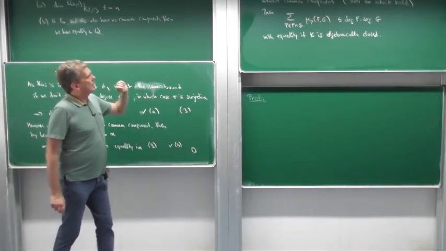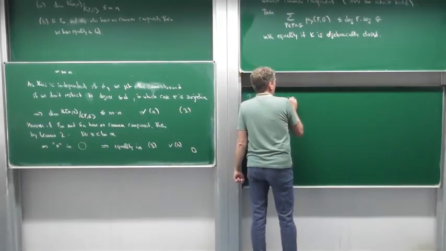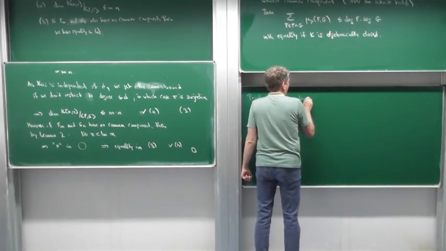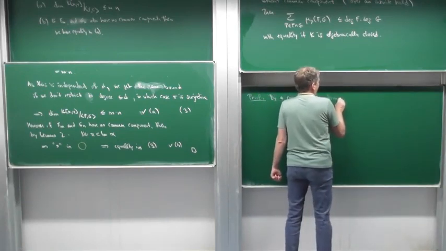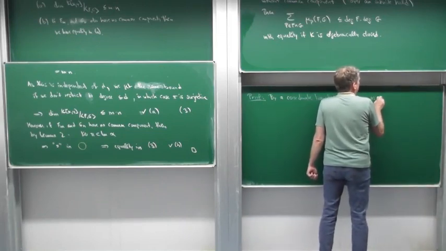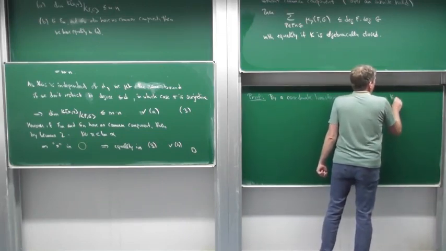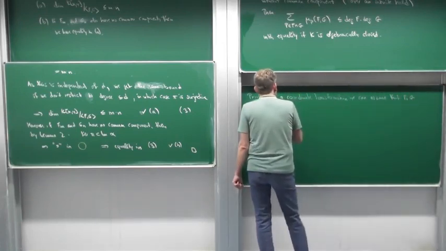So what we want to do is I say that by a coordinate transformation, we can assume that f and g don't meet at infinity.